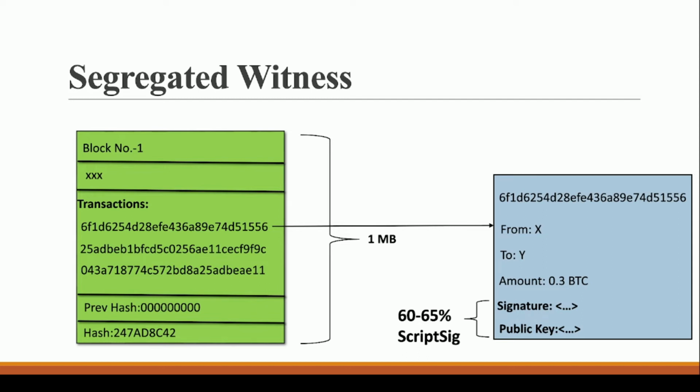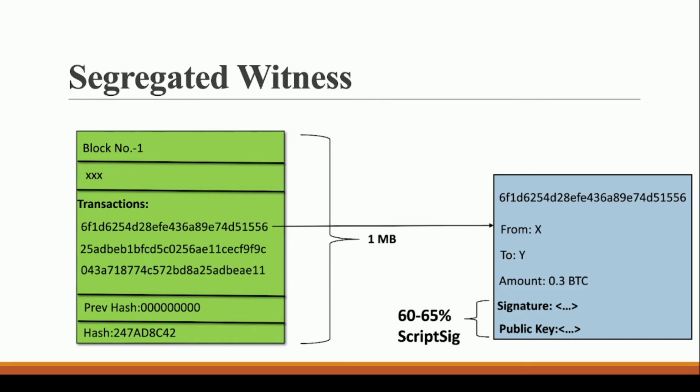Because if this is acquiring around 60 to 65% of the space, then we have little space left for our transactions. We would be left with only, I think, 30 to 35% of the space for our transactions, which we do not want, right?